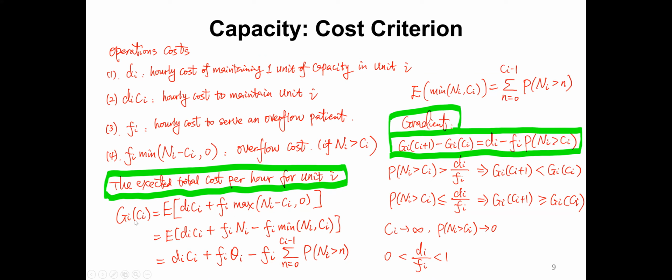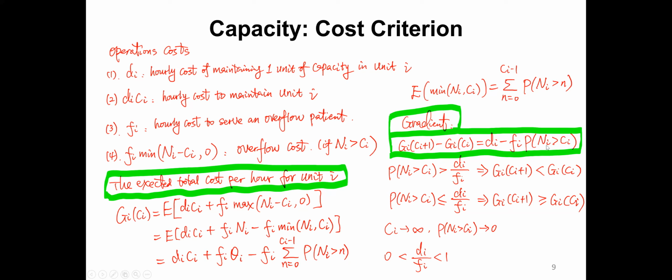Now let's calculate the gradient. In optimization, we always use gradient descent. So this is one way to calculate the gradient. We just add one to see what's the difference. It's very easy that we add one and we will be able to derive the difference: Di minus Fi probability Ni greater than Ci.